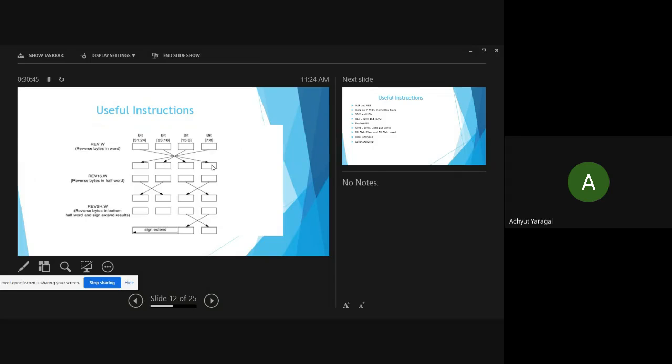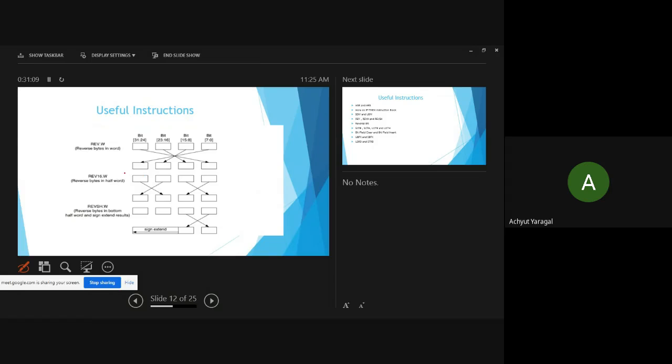That's what I said, byte order will be reversed here. Whatever the 78 was there, 78 was replaced here, and here it will be 56. Here it is 34, and here it is 12.